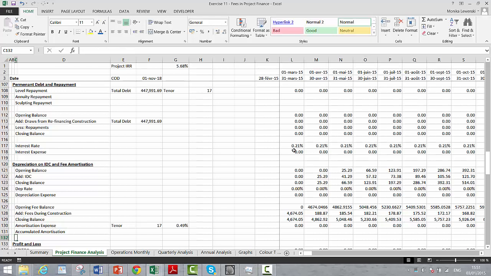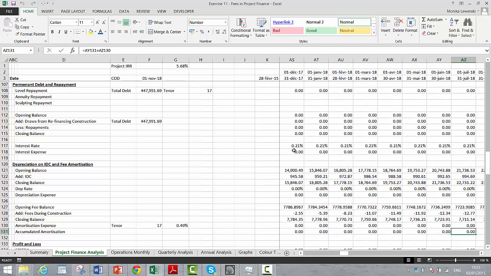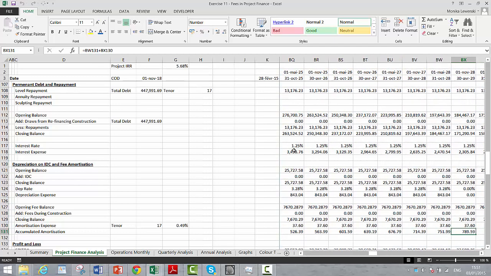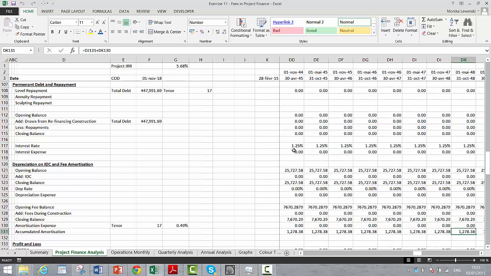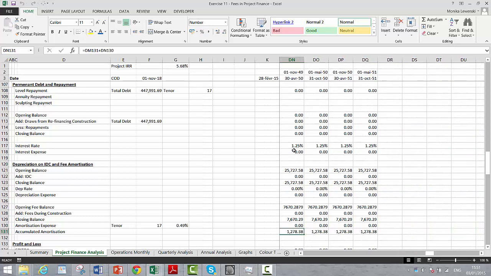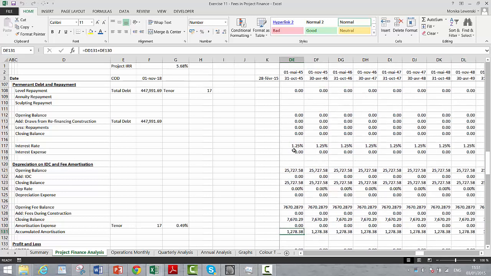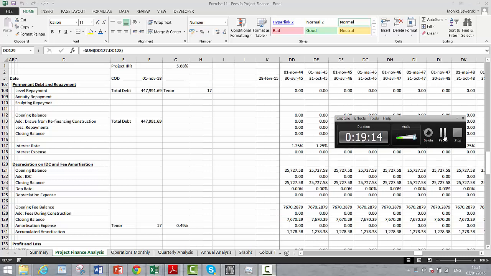Sorry about that last thing. I put it all in one line, which is this plus this. And it better be the case that by the time you're finished, the accumulated amortization should have equaled the balance.